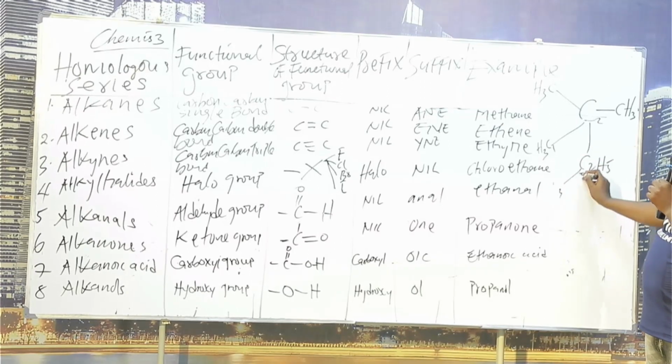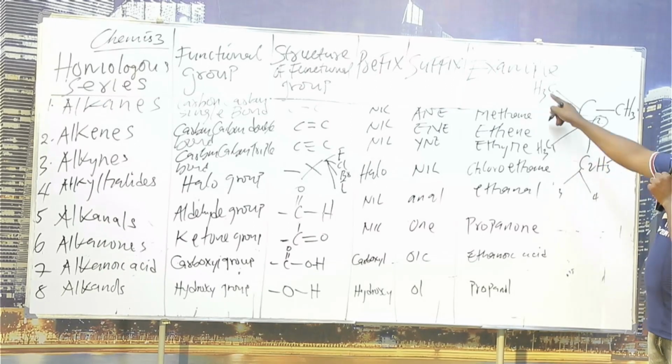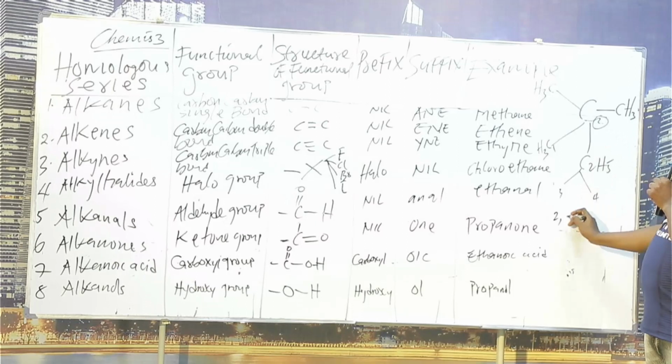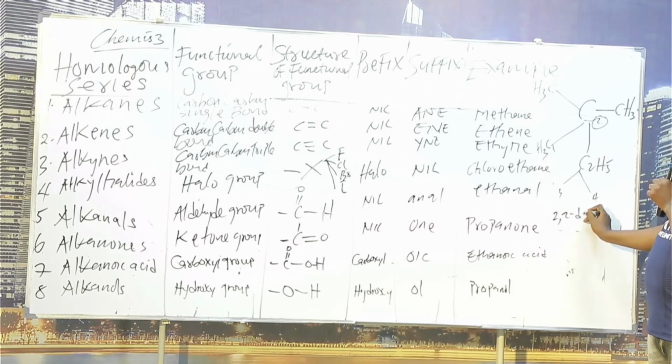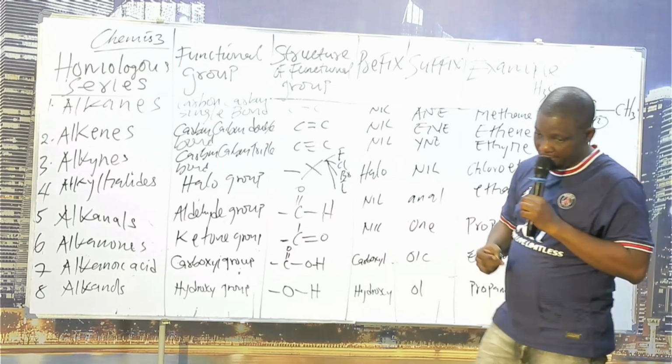This carbon is 3, and also 4. So the long chain is butane. That means it has a methyl group at position 2. Can you see now? Again at 2, there are 2 in number. So dimethyl. Since the long chain is 4, end it with butane. That's correct.